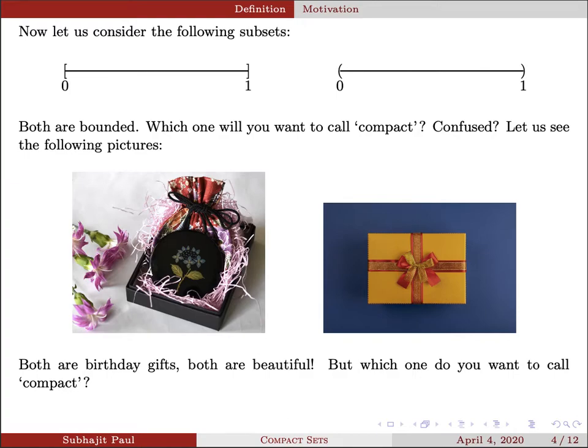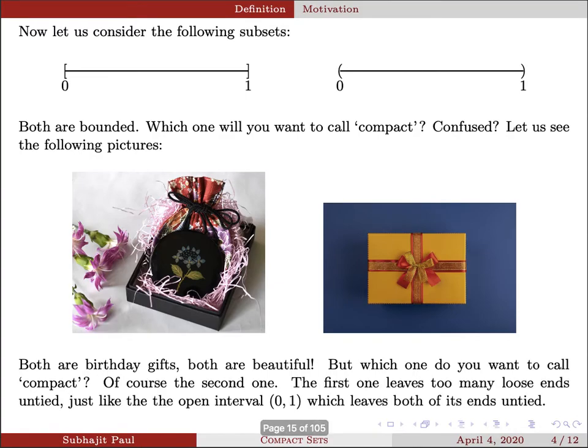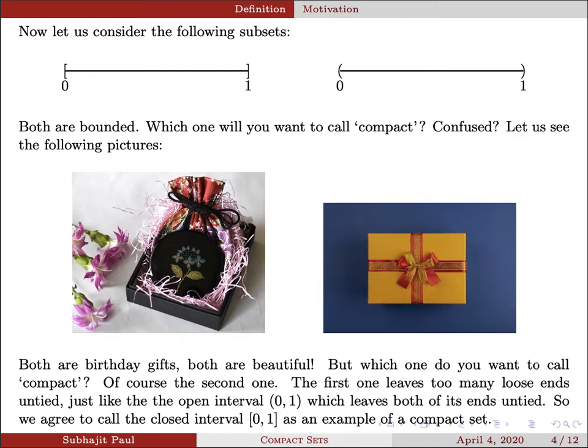Both are beautiful, but which one do you want to call a compact packaging? Okay, so of course the second one. The first one leaves too many loose ends untied, just like the open interval 0, 1, which leaves both of its ends 0 and 1 untied, not included there. So we sort of agree to call the closed interval 0, 1 an example of a compact set.